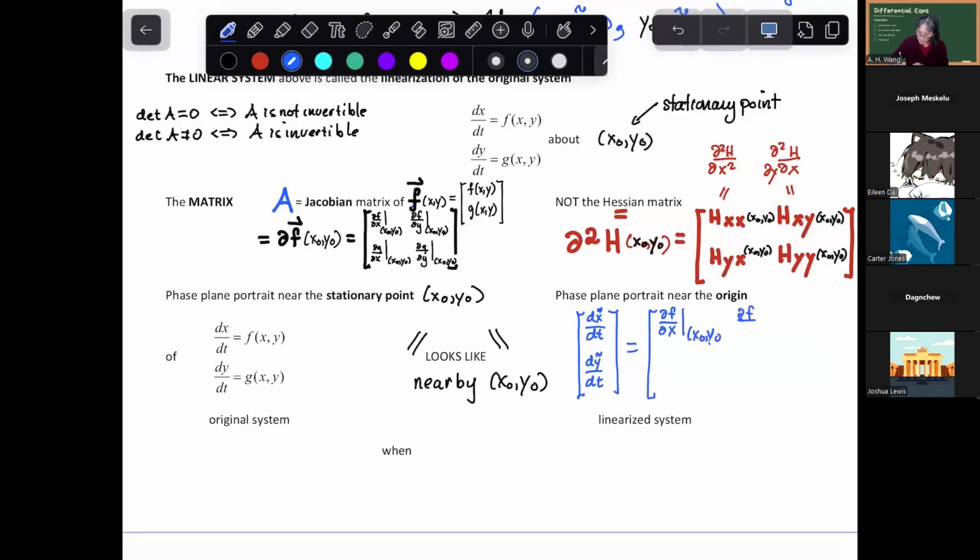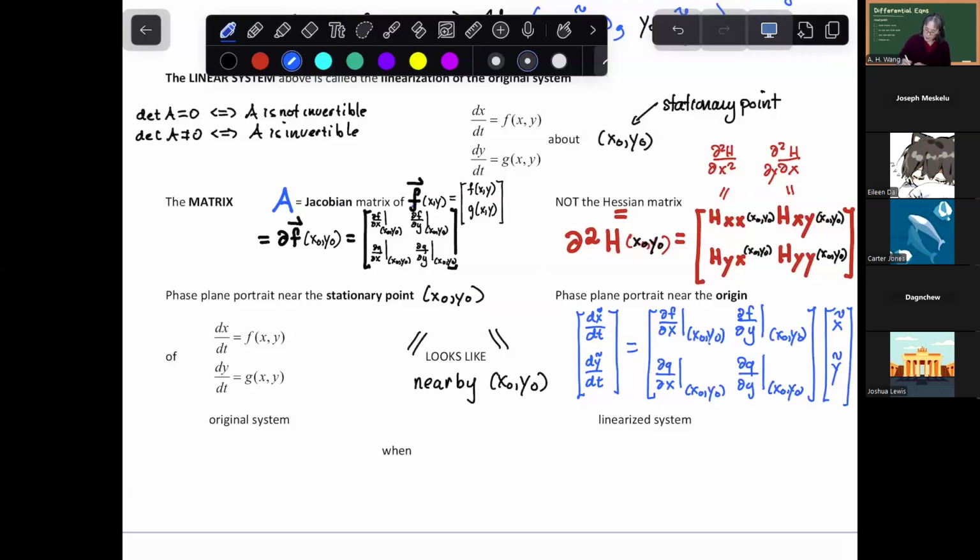Partial f, the slope in the y direction at that point, the slope in the x direction for the second at that point. And then x tilde, y tilde.